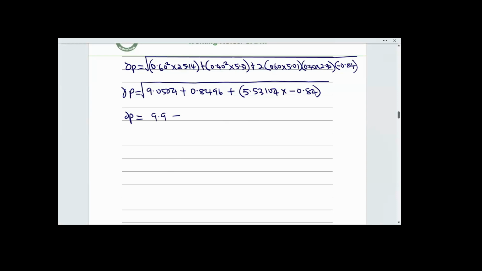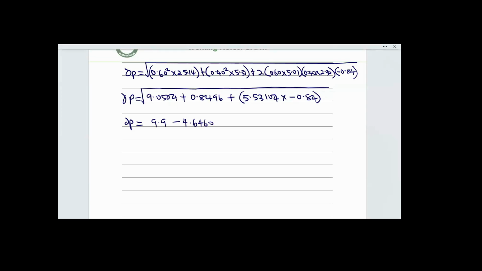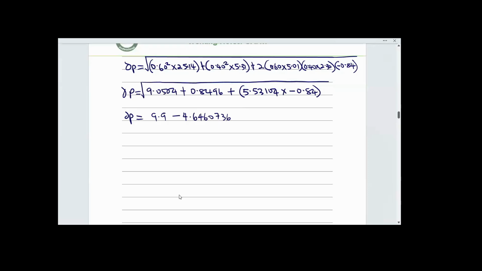Then the plus will change to minus because you have minus 0.84. So I would say 5.53104 multiplied by 0.84, minus, that's minus 4.6460736.